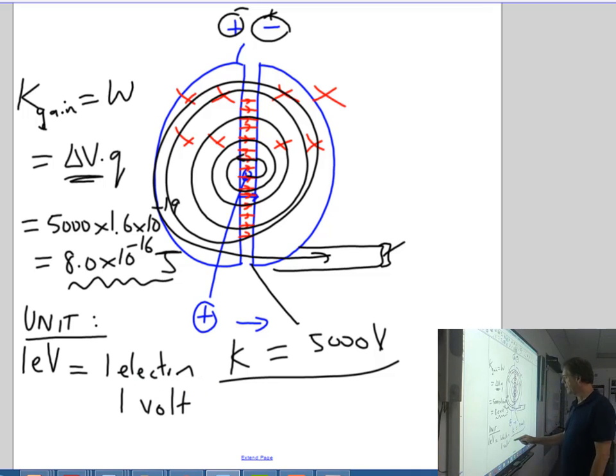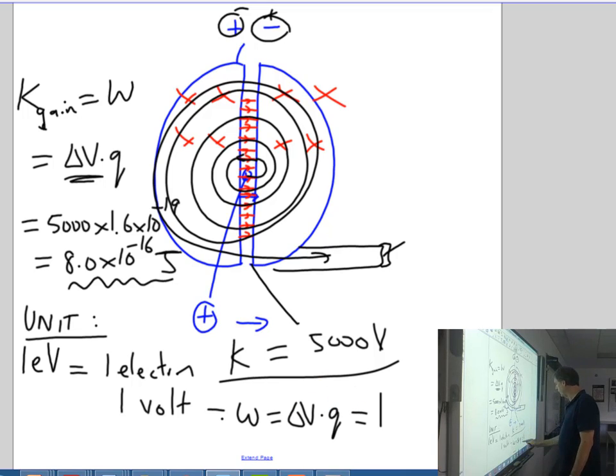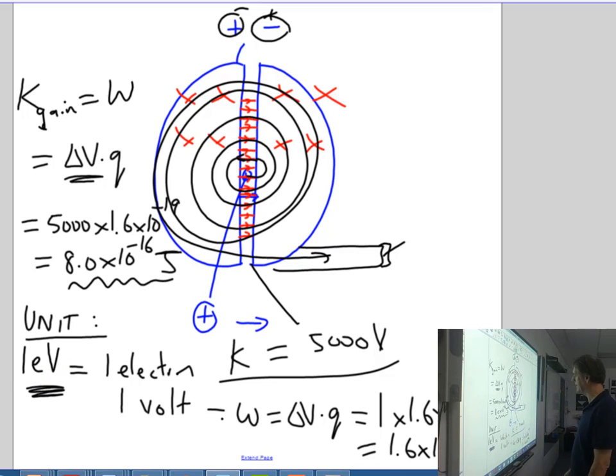So in other words, 1 electron volt is equal to, now what's the work done on 1 electron? 1 electron going through 1 volt of potential difference. The charge of an electron is 1.6 by 10 to the minus 19, so you've got 1.6 by 10 to the minus 19 joules. So what this unit allows me to do is say, instead of using 1.6 by 10 to the minus 19 joules, I'm going to call that 1 electron volt, 1 eV.